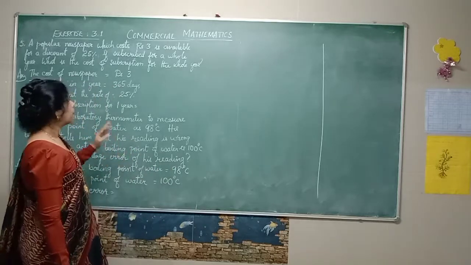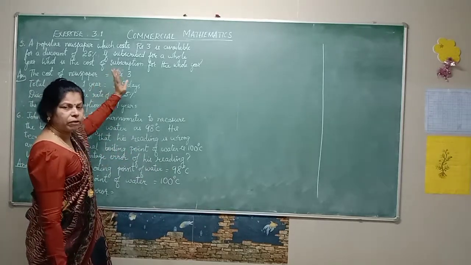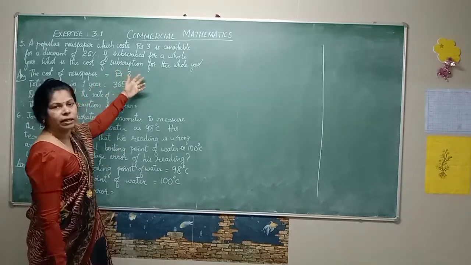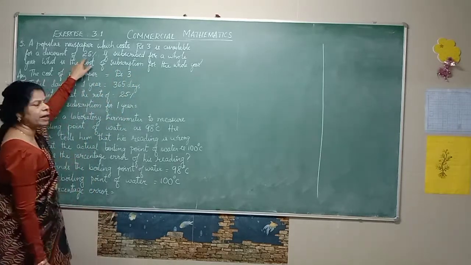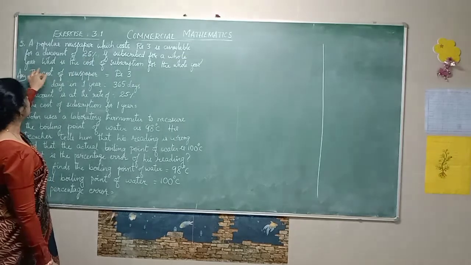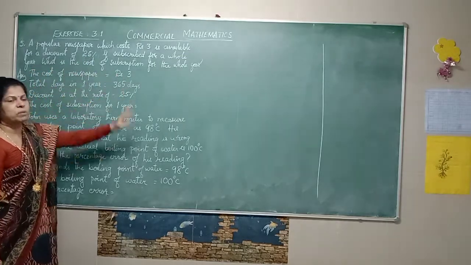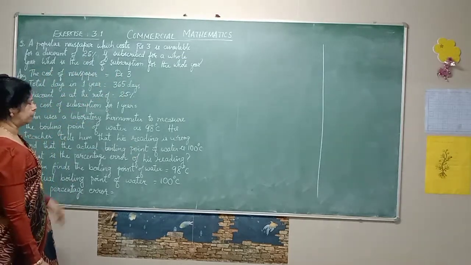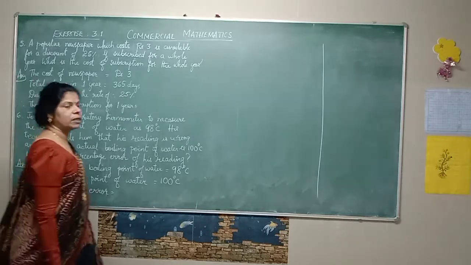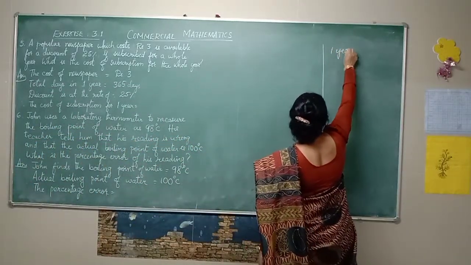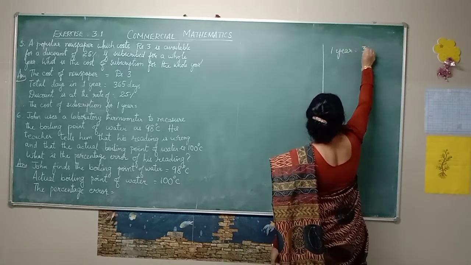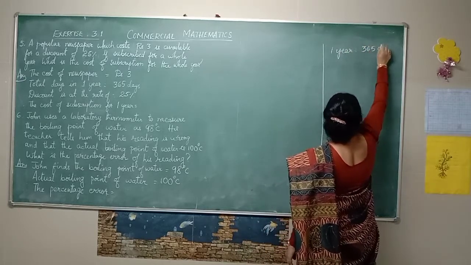But if you just subscribe for the whole year, which means 365 days, then you will get a discount of how much? 25%. So here the question is, what is the cost of subscription for the whole year? So first what you have to do is, you should know 1 year means it is 365 days.